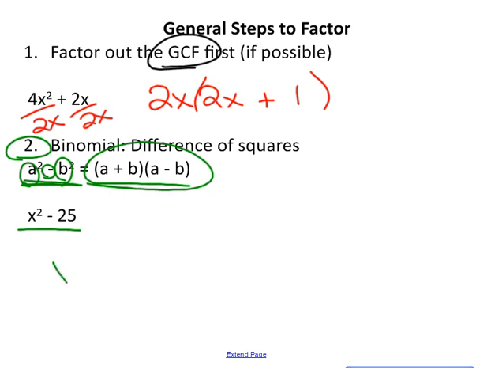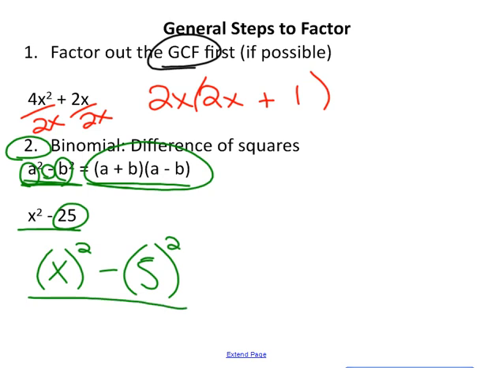Notice my x is a square. I'm subtracting. And if you look at the 25, you'll notice that I can square a 5 to get the 25. So this fits the formula a squared minus b squared. When we factor it, remember one has to be plus, one has to be minus.